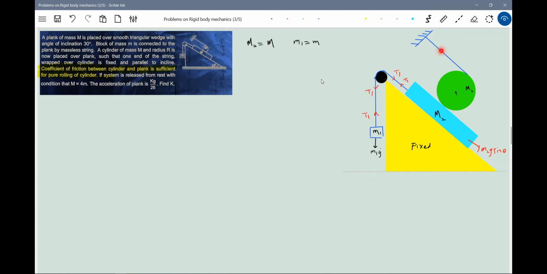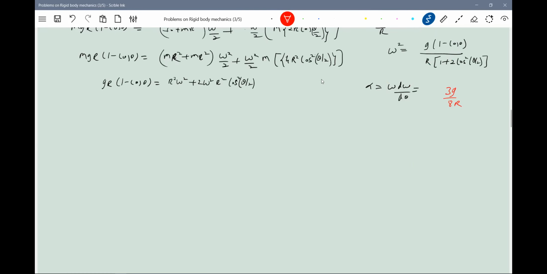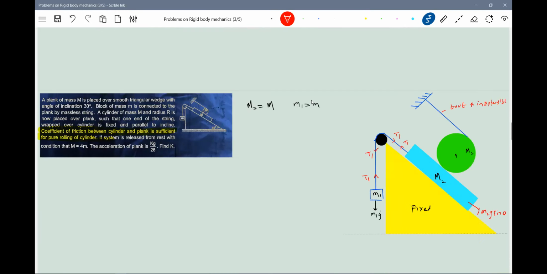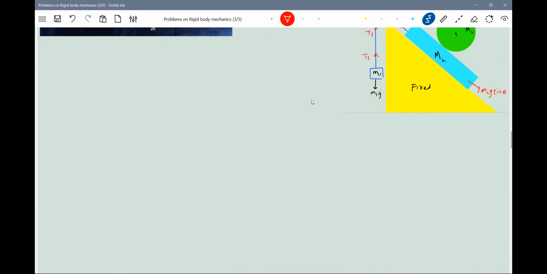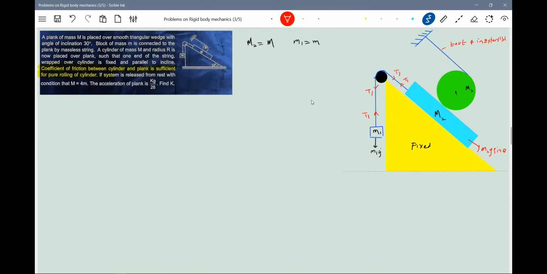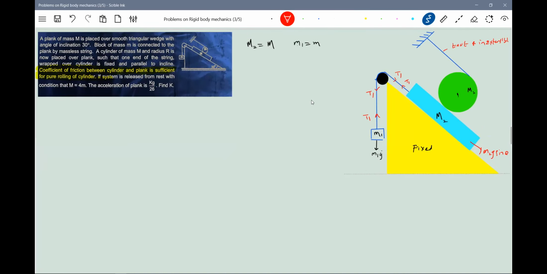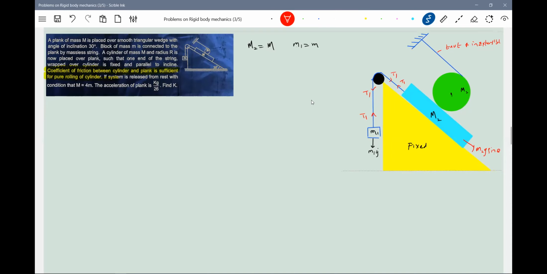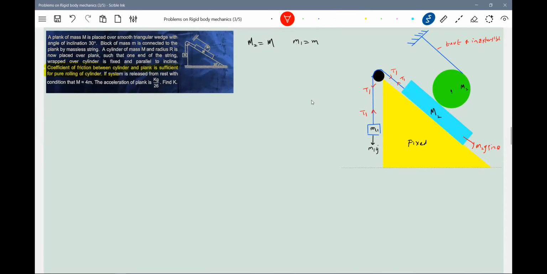So what is the thing? This string will be taut, no? So you look at this one. This string should be taut and inextensible. And also it should be inextensible.